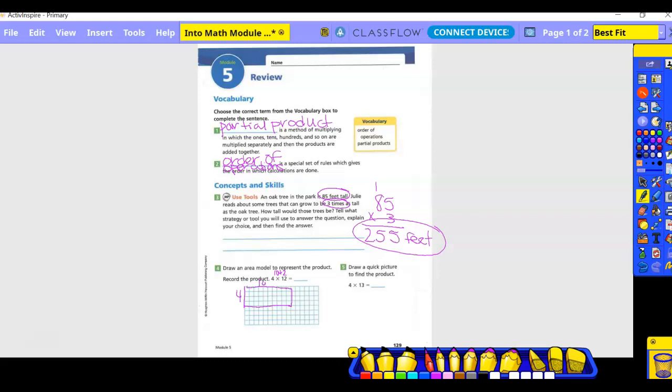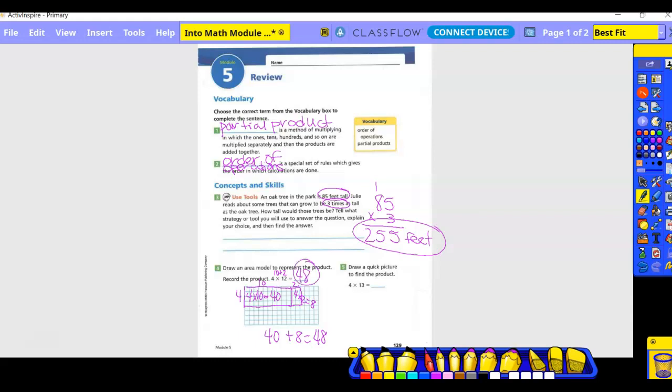And we just said 10, and then I would have to go over 2 more, right, guys? Yeah. Okay, so then in this box, I would take 4 times 10, which equals 40. And then I would take 4 times 2, which equals 8. And then I add 40 plus 8 to get what? 48.